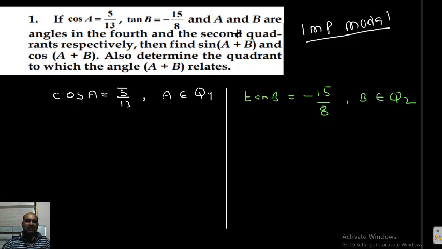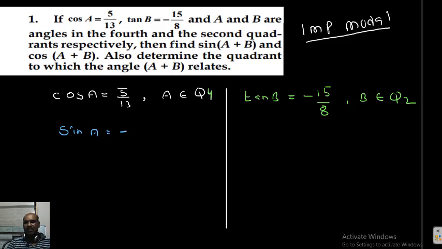Interesting thing, isn't it? If A is in Q4, students listen, all trigonometrical ratios are negative except cos and sec. What is the meaning of that? The sin A value I can find, but I will get a minus value, because sin is negative in the fourth quadrant.